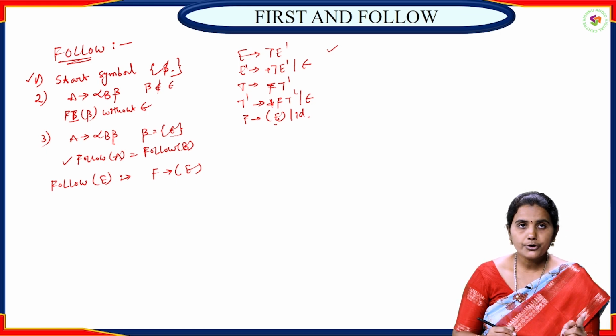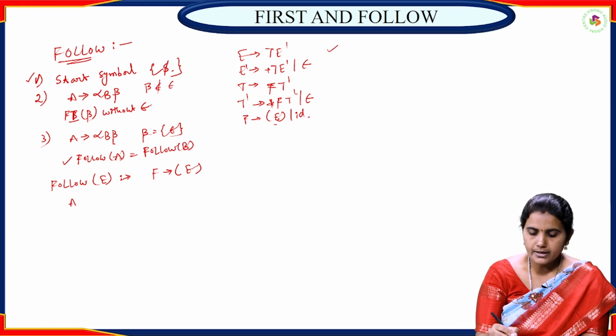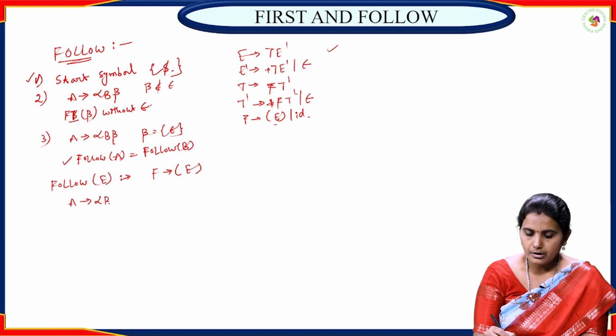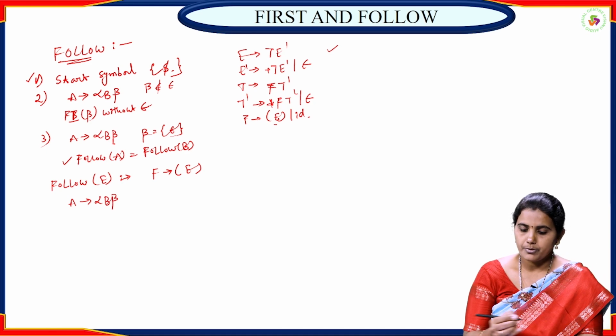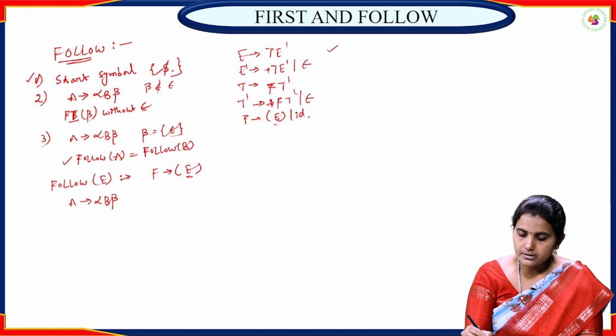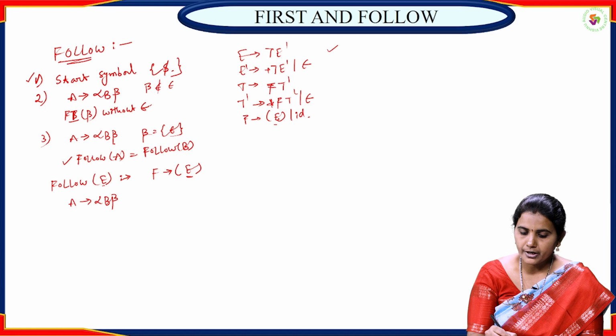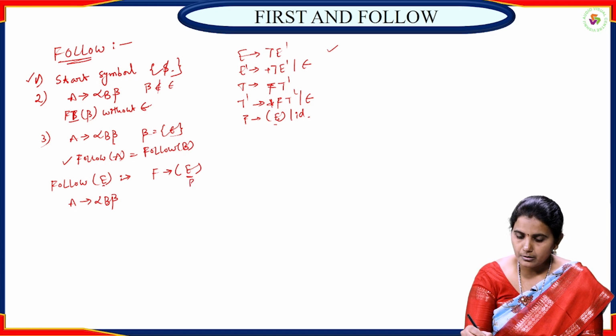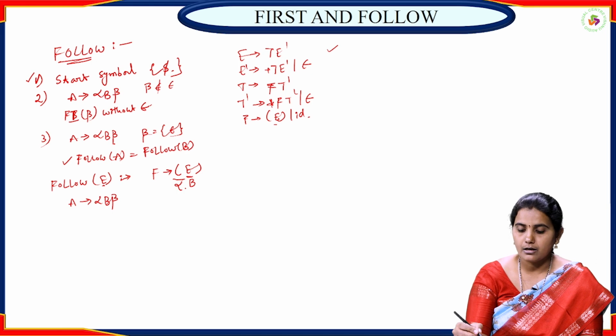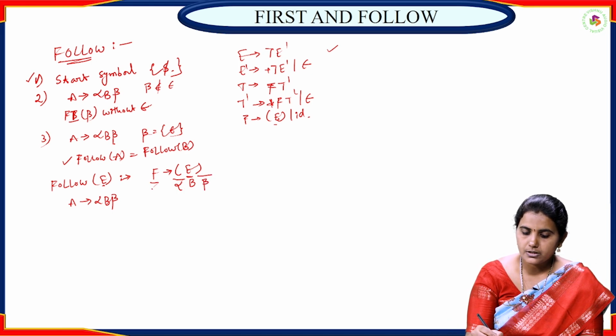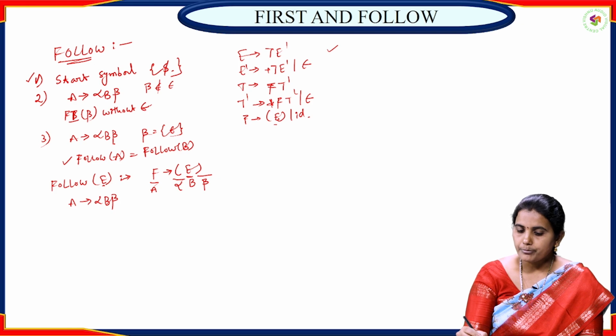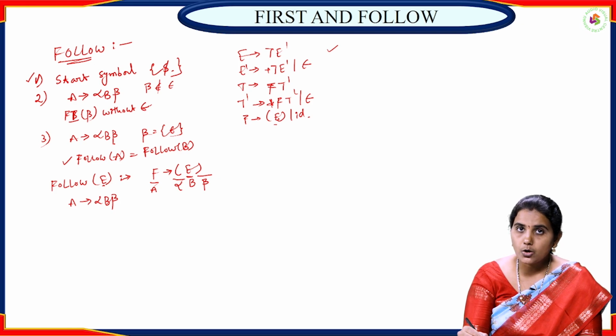Okay. Now you are going to choose the form A implies alpha B beta. Your B is the E we are going to find, and everything on the left hand side is considered alpha, and everything on the right hand side is considered beta. Here beta is not an epsilon case.